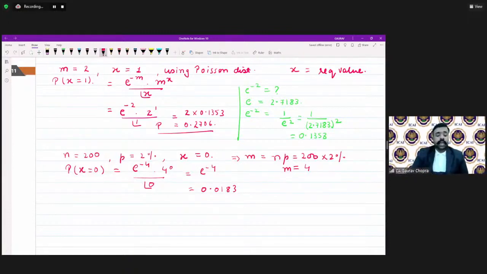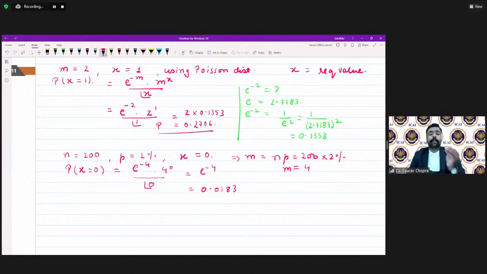यहाँ पर हमने जो एग्जाम्पल लिया है, इस एग्जाम्पल में n was 200, probability is 2% and x जो required value है that is 0. तो पहले हमें क्या करना है? मीन फाइंड आउट करना है एंड मीन को फाइंड आउट करने के लिए हम क्या करेंगे? n को p के साथ में मल्टीप्लाई करेंगे, so we will get m, that is mean.